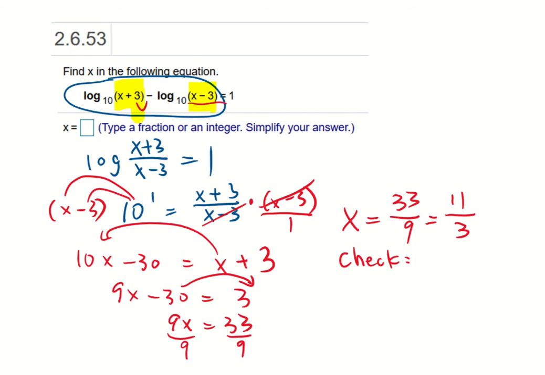If you plug it in here, 11 over 3 minus 3, 11 over 3 is 3 point something, right? 3 and 2 over 3. In next number, minus 3 will be 2 over 3. So it will still be positive. So that means 11 over 3 will satisfy the original 2 arguments. That means it is the solution. So our solution is x equals 11 over 3.